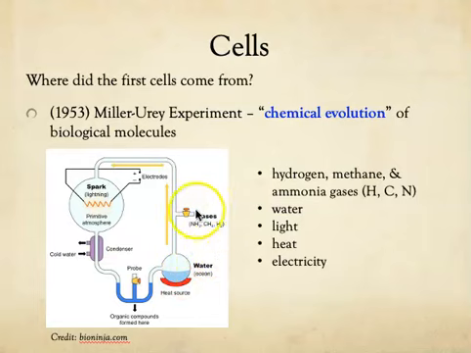They added in the sorts of gases that would have been present on the planet at that time, things like hydrogen gas and methane and ammonia. They heated those gases up, again in the presence of water, of steam, and then they applied electricity, basically sparks of electricity, which would have been present in the primitive atmosphere around the planet.